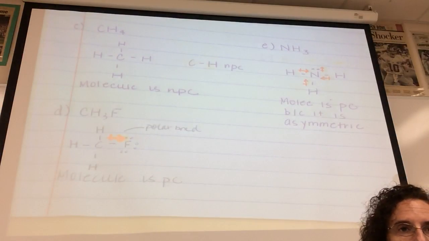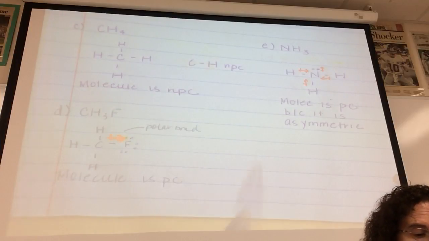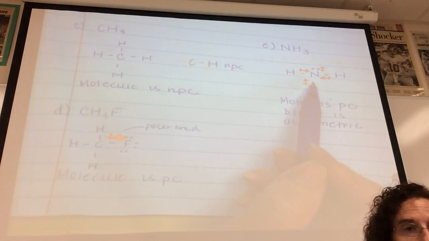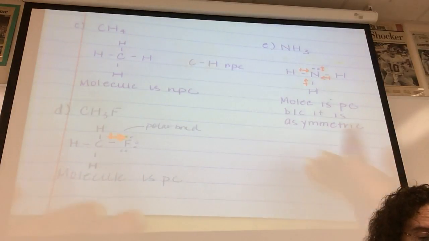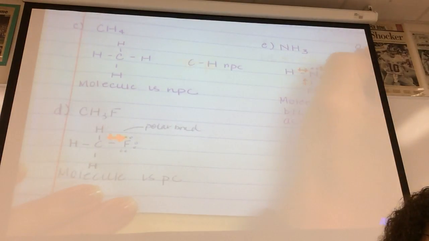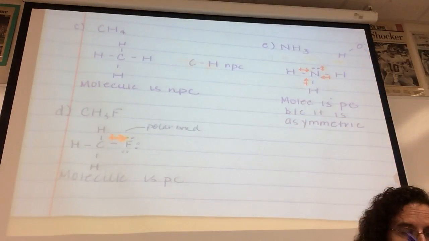But pretty much if there's a lone pair of electrons with three things on it, if you have trigonal pyramidal, it will be polar. If you have bent, it will be polar. This is where AP goes a little bit higher.